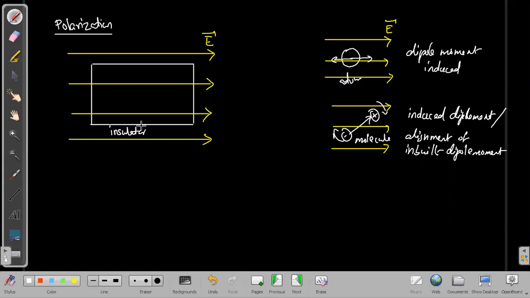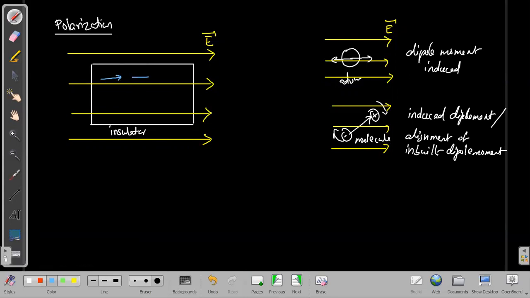Now, if you consider an insulator, this insulator will contain a very large number of either neutral atoms or molecules. So once we apply the external electric field, either the dipole moment would be induced or the inbuilt dipole moment will try to align in the direction of the electric field. Finally, we'll get a very large number of tiny dipoles inside the insulator, and they need not be exactly parallel to the electric field always.